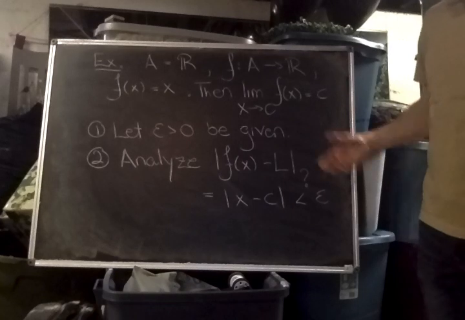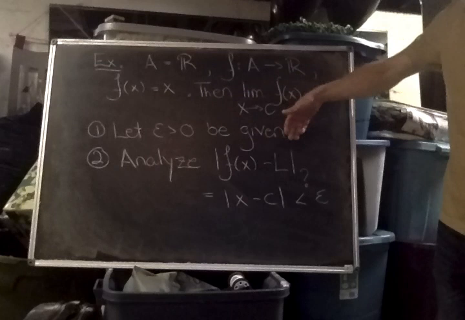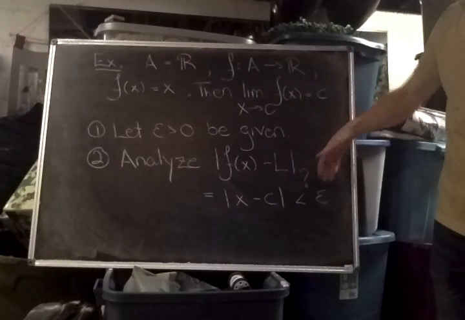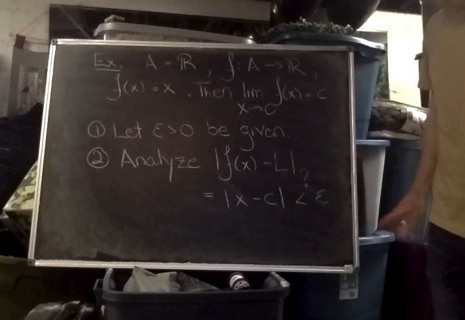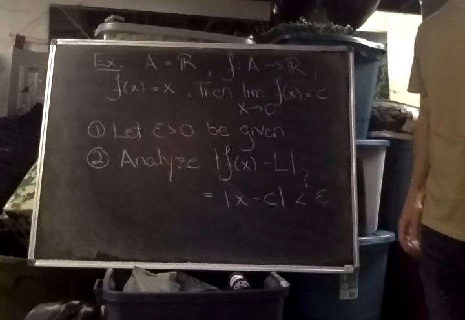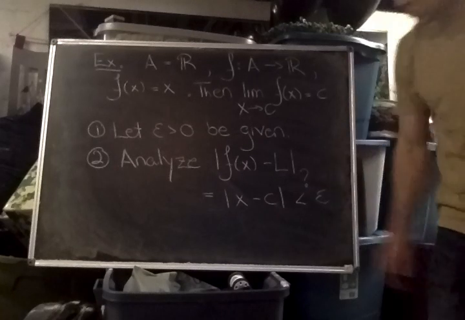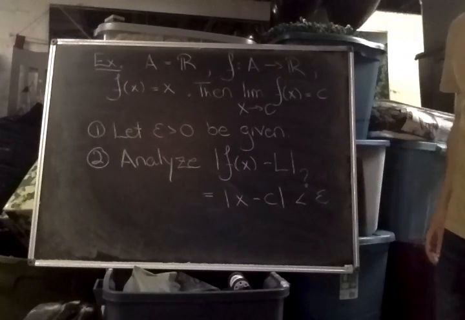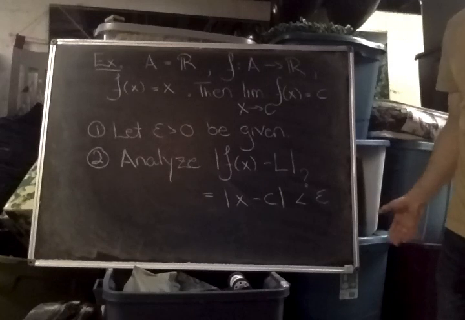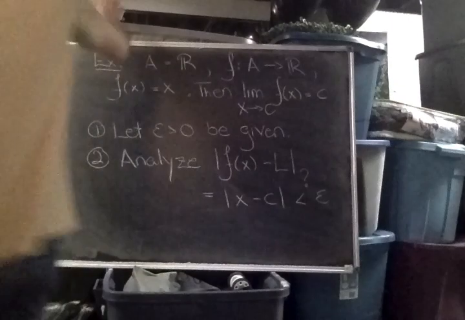So what this is telling us is that if we want the absolute value of f of x minus L to be strictly less than epsilon, we should in fact just choose delta of epsilon to be equal to epsilon itself, because that will force this quantity to be less than epsilon, and that's exactly what we want. And so that's exactly what we will do.